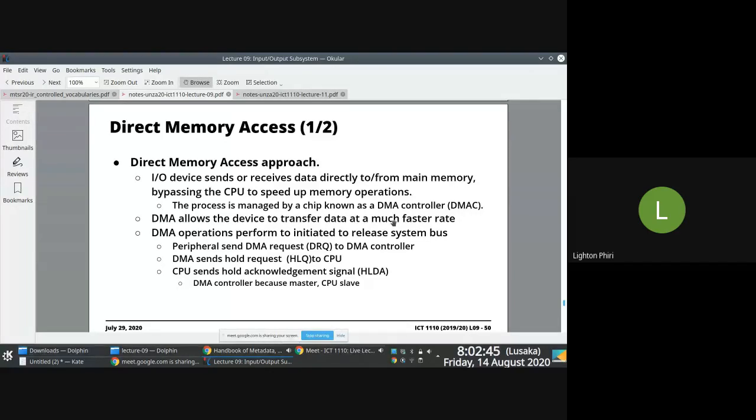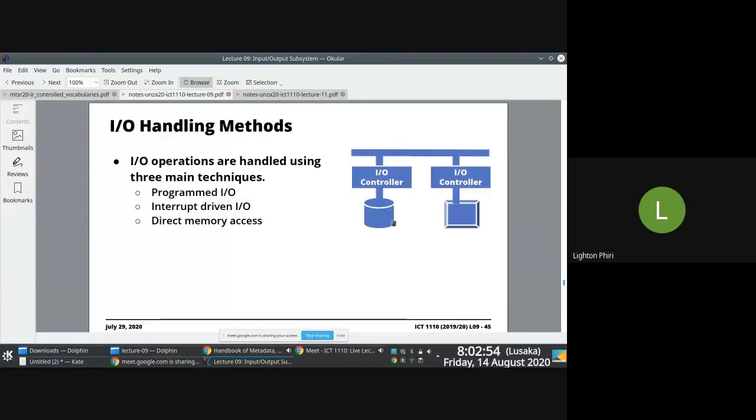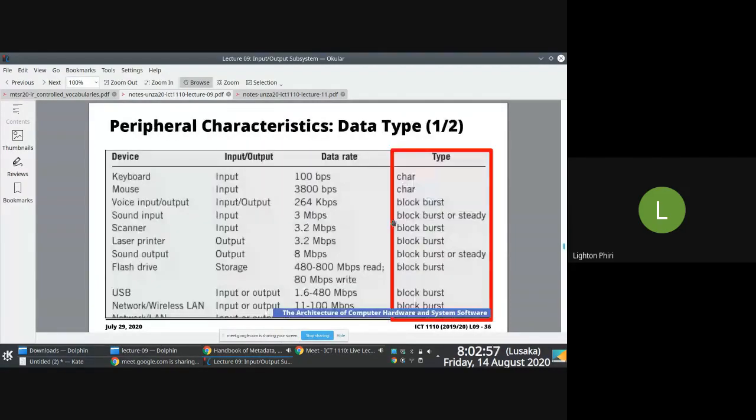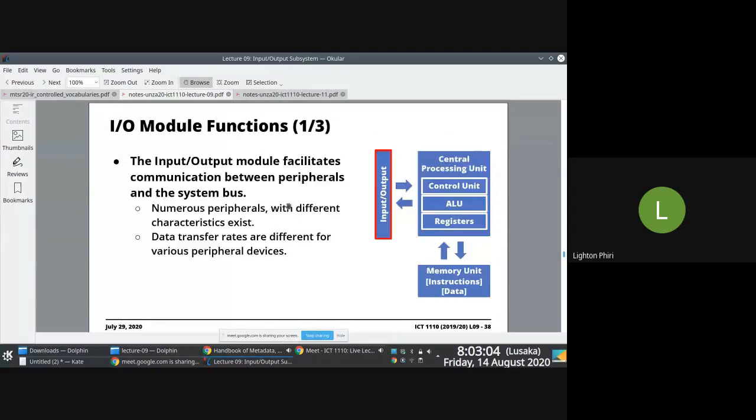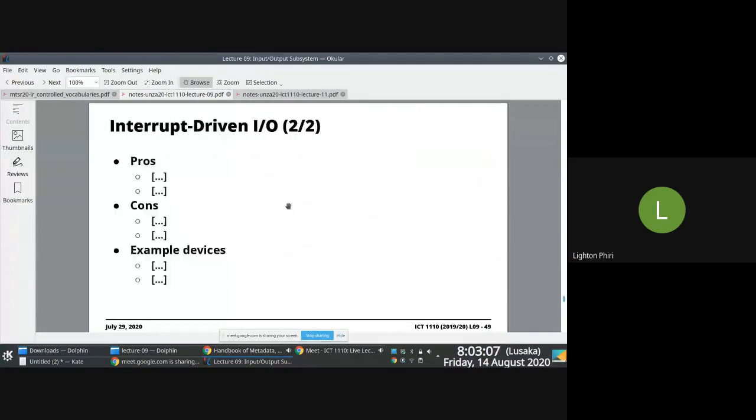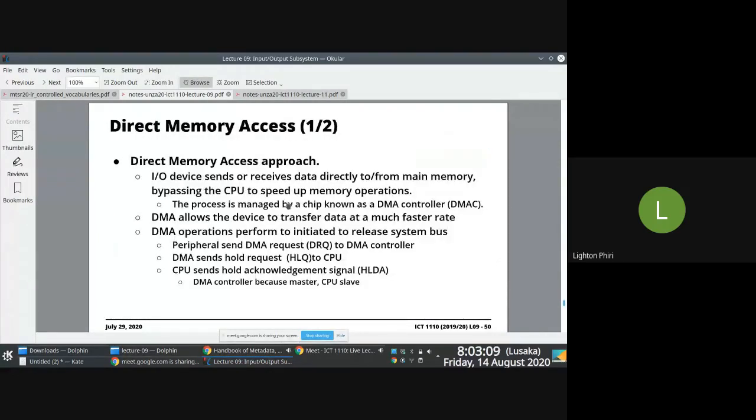Something else that you probably have figured out by now is that this would typically be the case for devices that transmit large volumes of data, right? So things like your internal hard disk, for instance. I hope this helps clear out things. I can't remember who exactly asked this question, but I'll just pause for a little while to find out if this helped iron out a few uncertainties that were previously there.